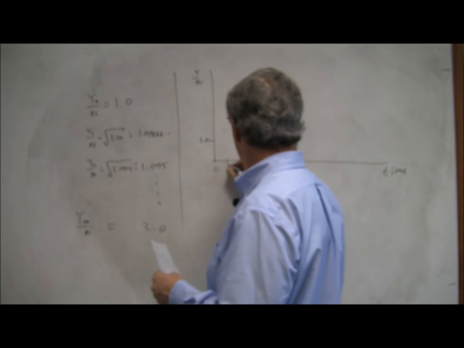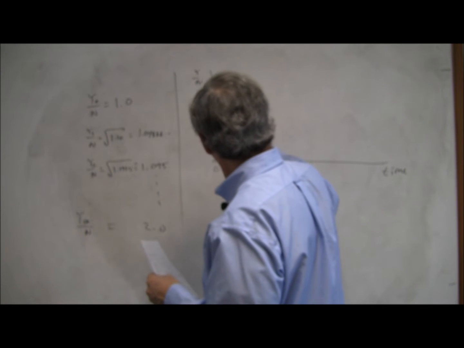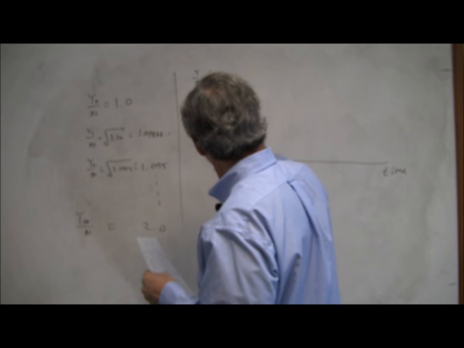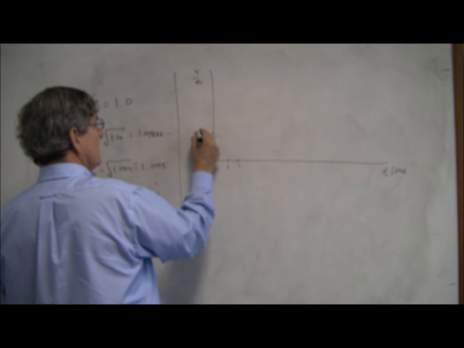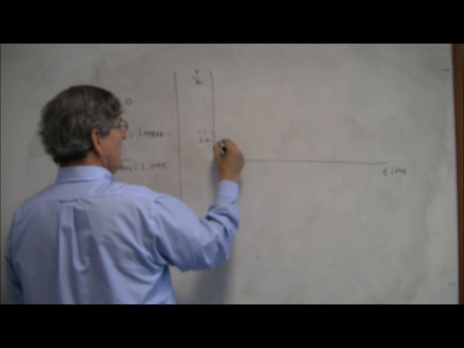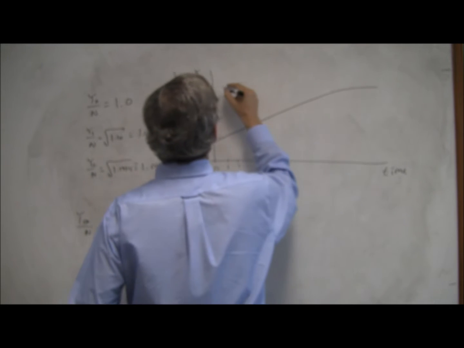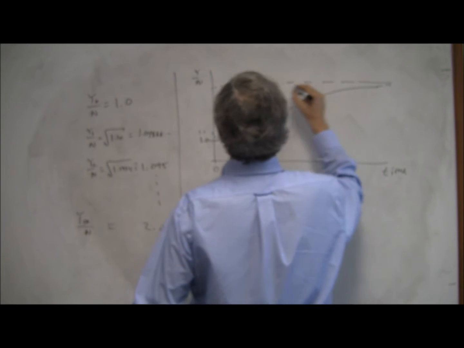Then at t equals 1, it goes up to 1.05. At t equals 2, it goes up to 1.10 approximately. And so we could map out how this evolves until it finally asymptotically hits 2.0.